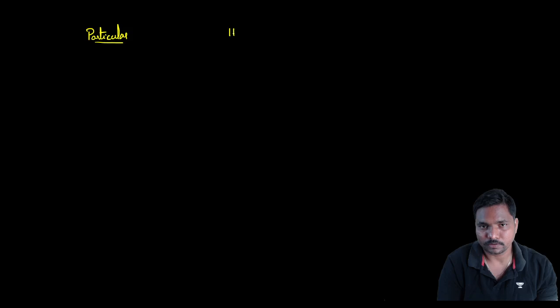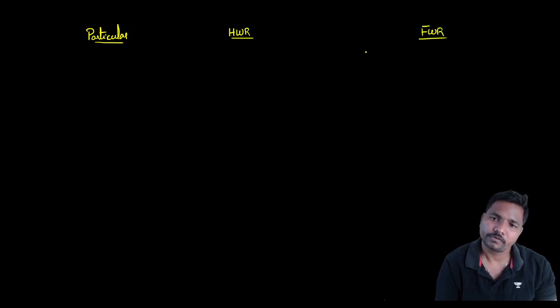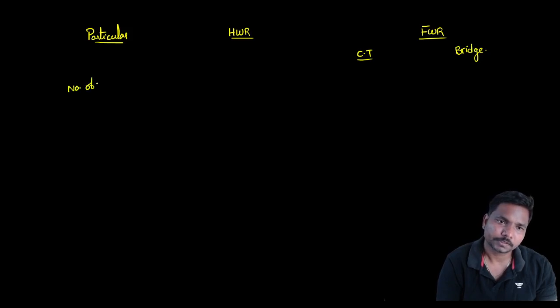In case of half wave rectifier, and full wave rectifier, center tap and bridge. First of all, number of diodes. We know how many in half wave? 1. Center tap, 2. Bridge rectifier, 4.